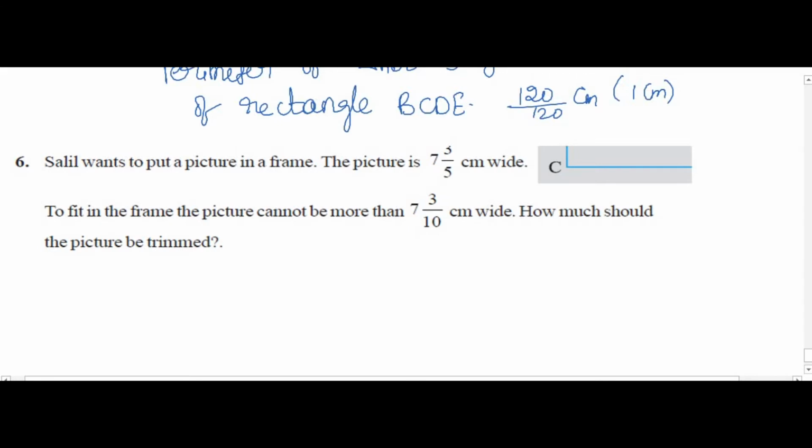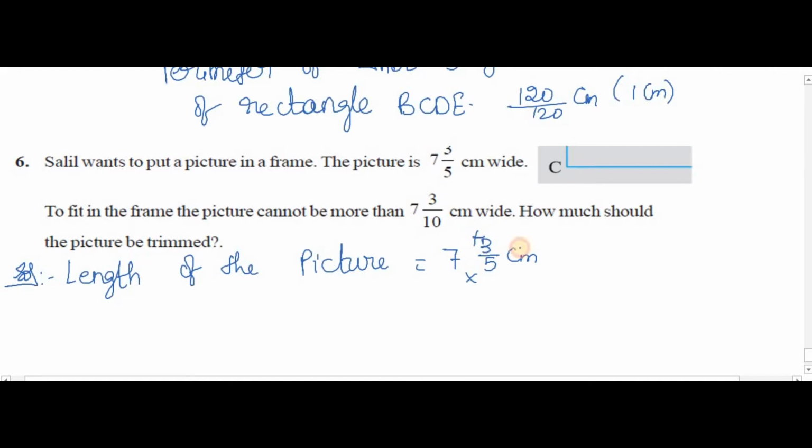So what is the answer we can do here? First we will write length of the picture. Length of the picture is equal to 7 3/5 centimeters, and we all know that it is a mixed fraction.